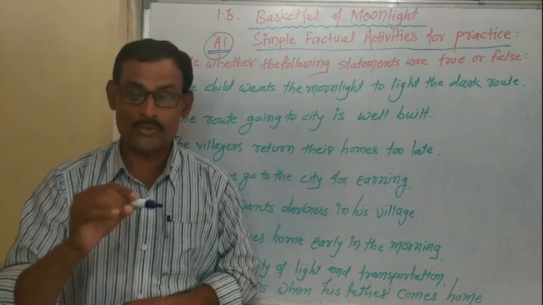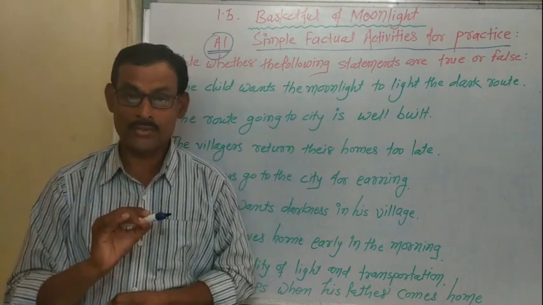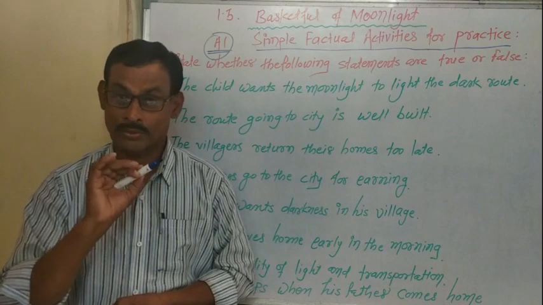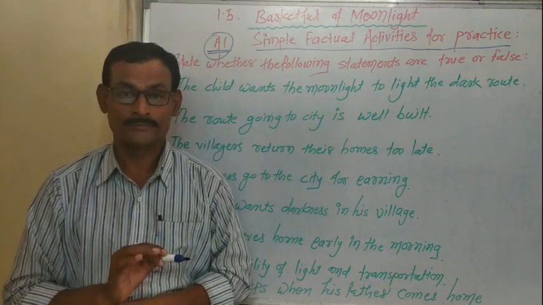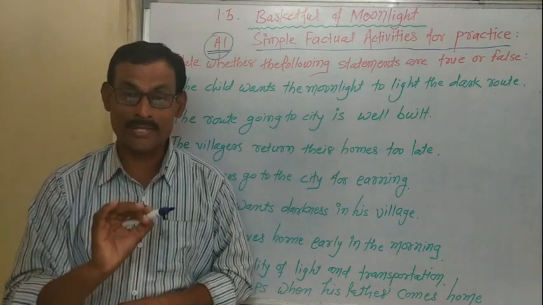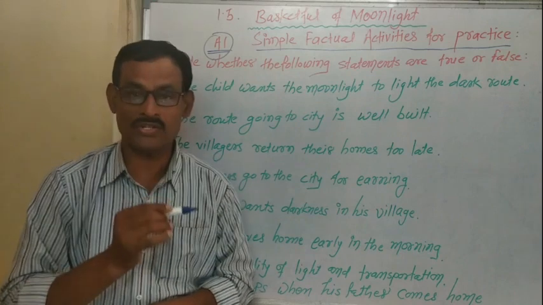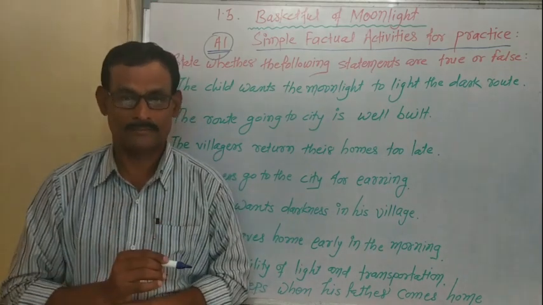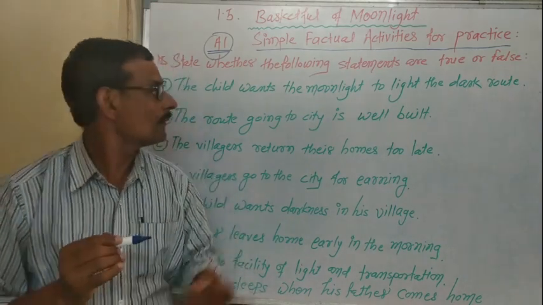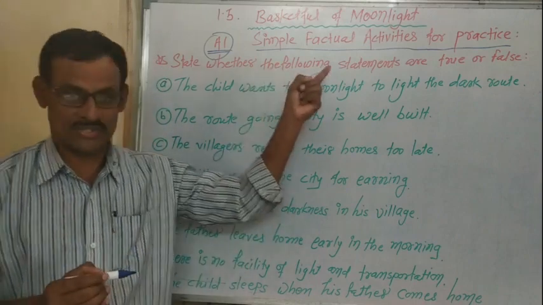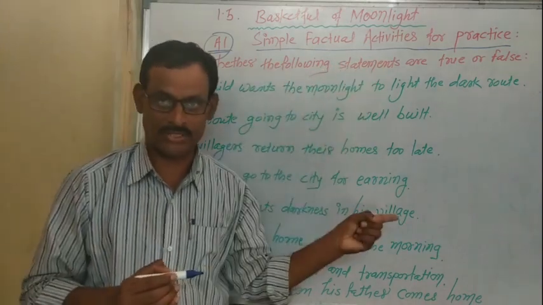Then what will you have to do? You will have to go through the poem and find out the answers to all these questions. Right. Okay. So, factual questions are what we have taken here.